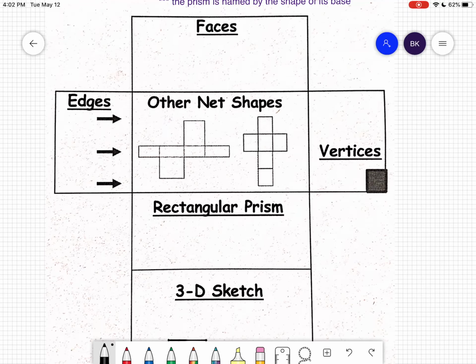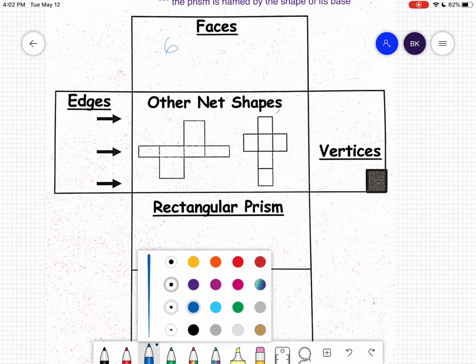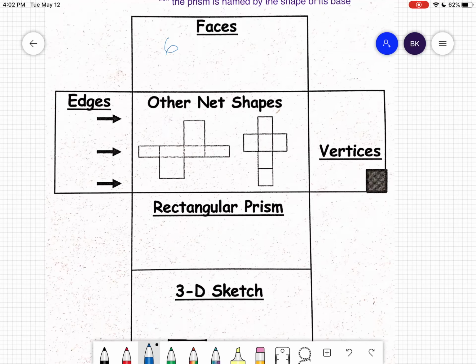This is a 3D shape, and we are going to figure out different characteristics that this particular shape has. So it has 6 faces, and they are rectangles and squares.